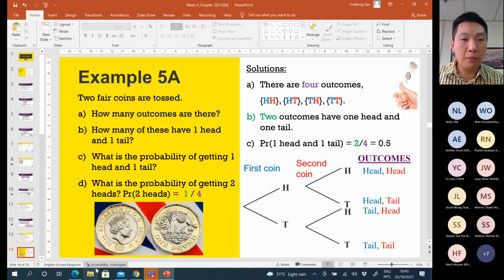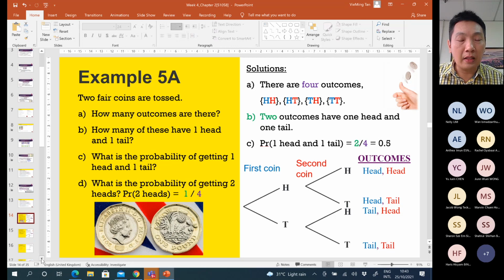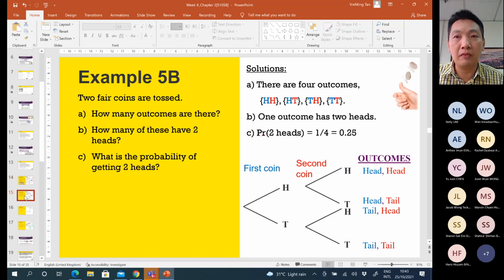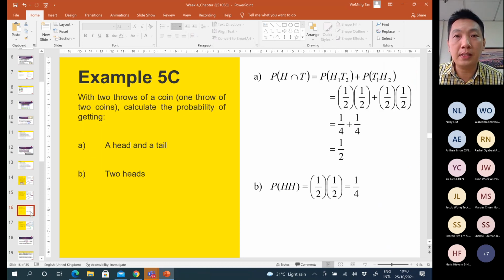Okay, now we'll move on to 5B. 5B also involves 2 events, and both events are independent events. This one is already done. Now 5C. 5C is also quite similar to 5A and B just now, but the outcomes differ.